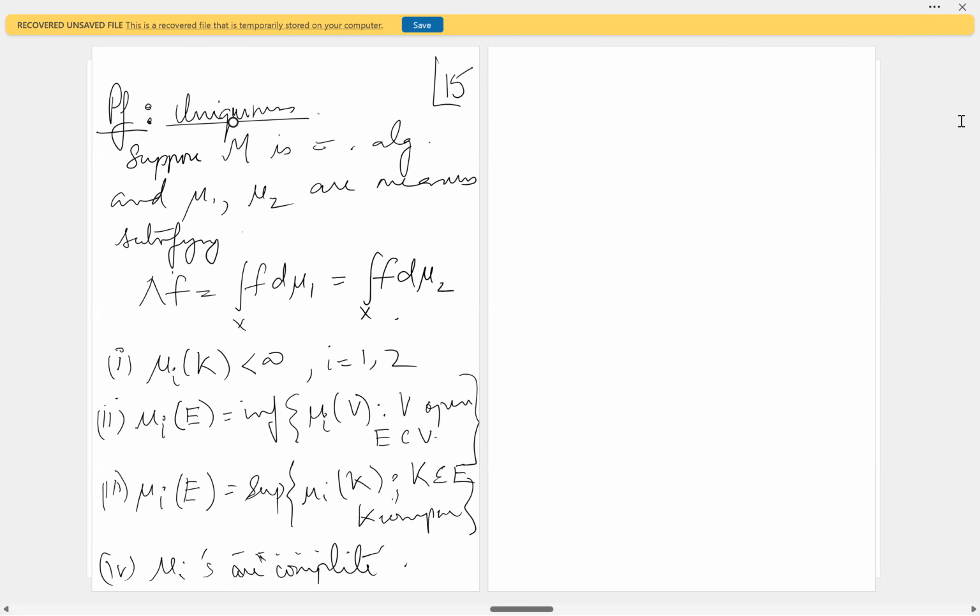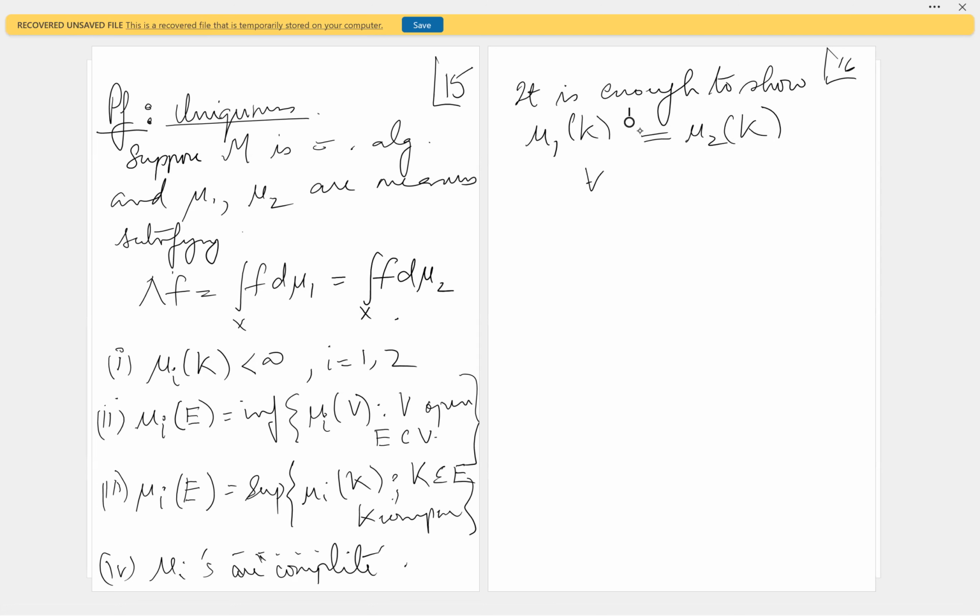Okay, so suppose we have mu1 and mu2 doing this. Because of 3, it is enough to show mu1(K) equals mu2(K) for all compact sets.